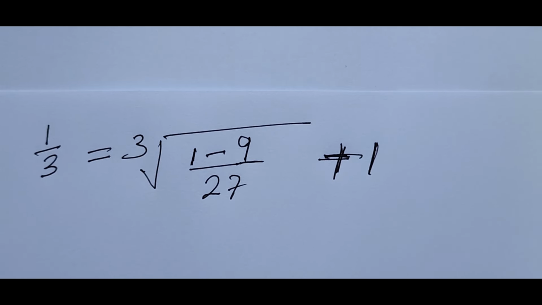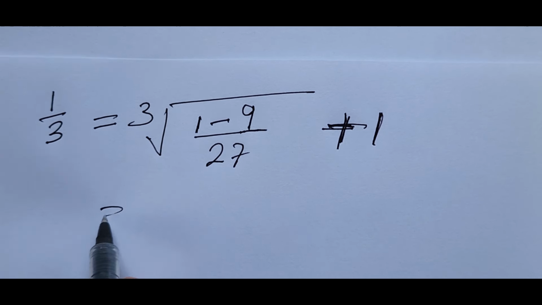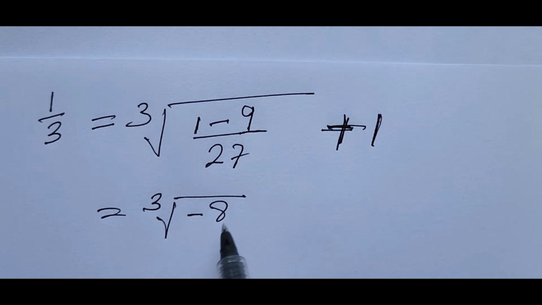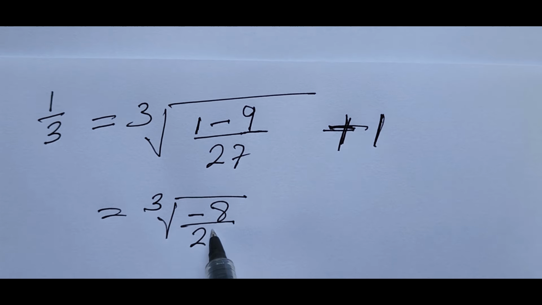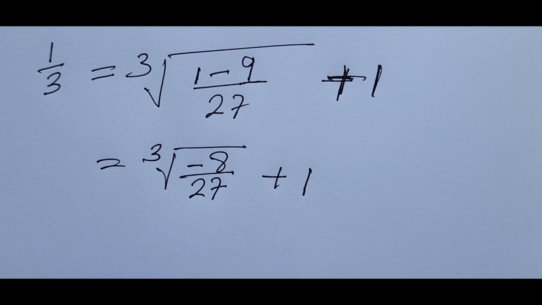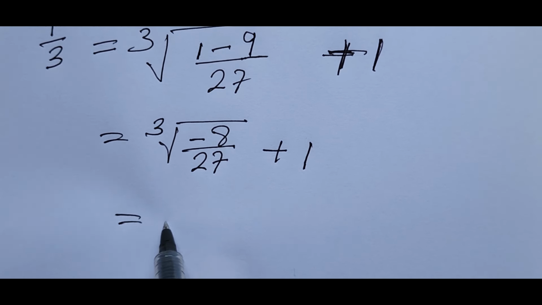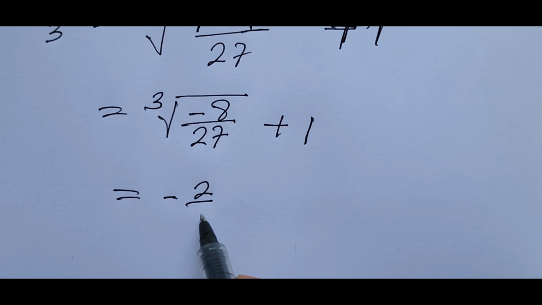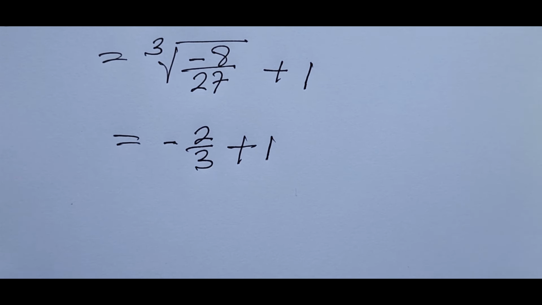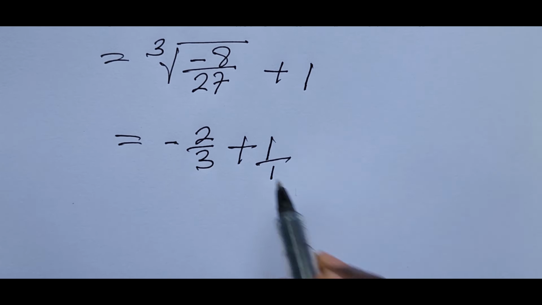Good. So let's continue. This gives us the cube root of minus 8 over 27 plus 1. Wow. So what is the cube root of minus 8 over 27? This will give us minus 2 over 3, plus 1, which is over 1.